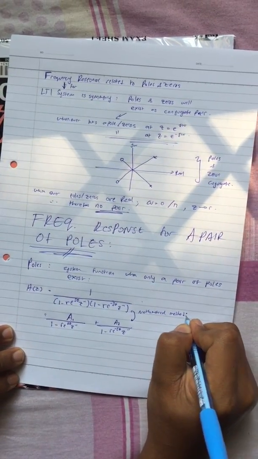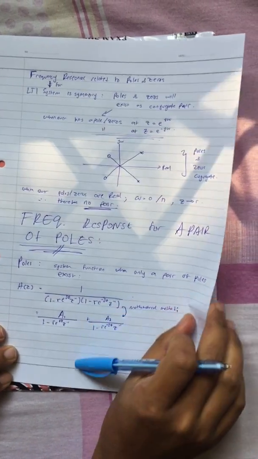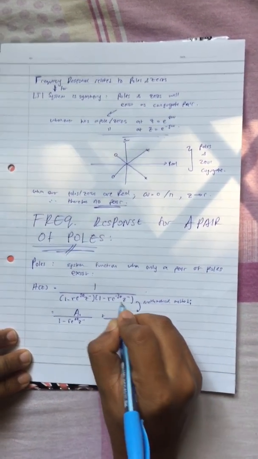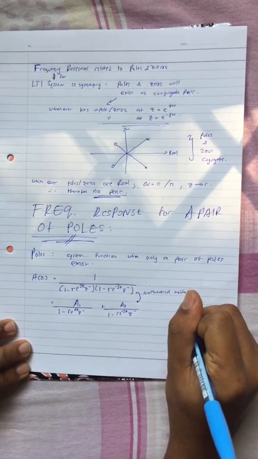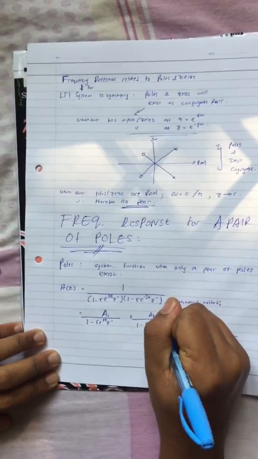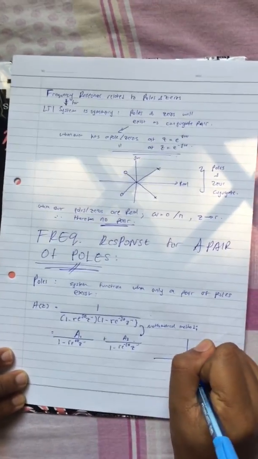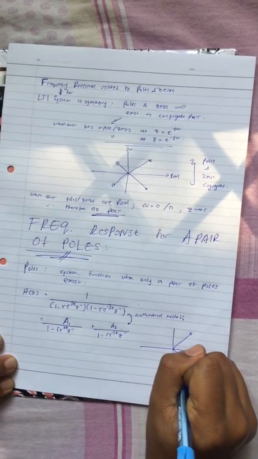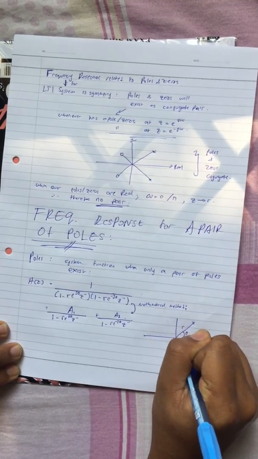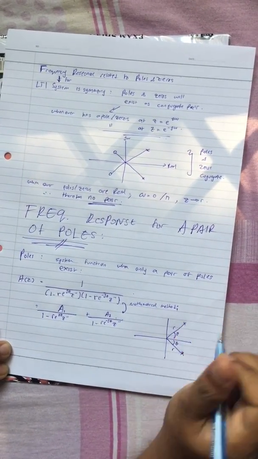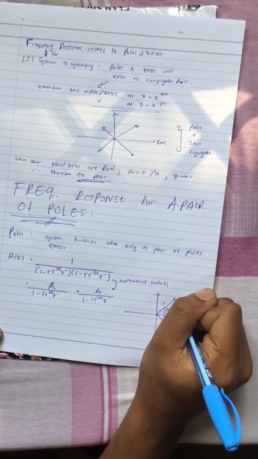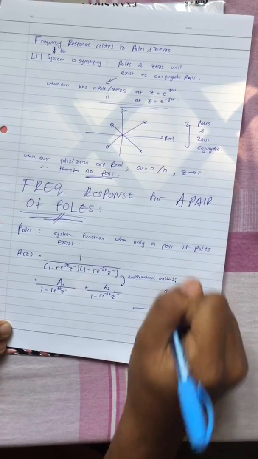Later on in the class, I will explain how to get from this graph to this form. I will show you in class. This is theta. This is r. Remember, for the frequency response, whenever there's a pole at the positive side, there will be a pole at the negative side.